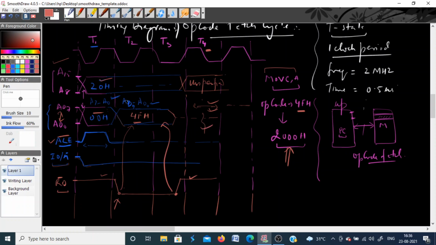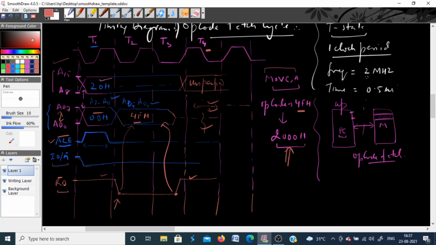So you need 4 clock periods to perform this opcode fetch cycle. For every instruction the processor executes, the first part is always an opcode fetch cycle. Now you can see how much time is required to execute this, right?